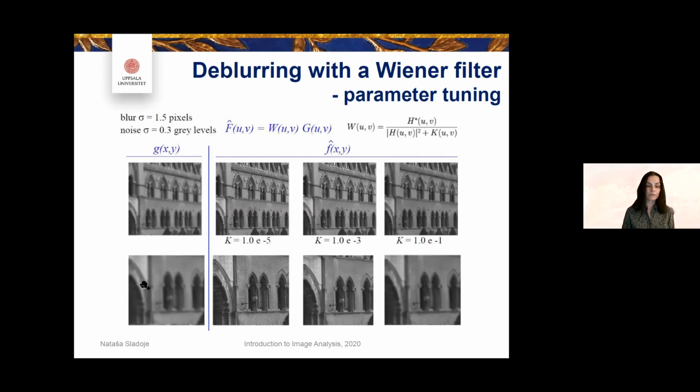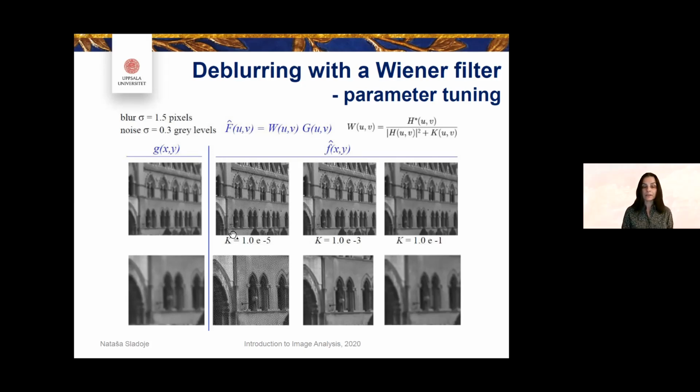We have a detail in this image just for a better visual assessment. This degradation includes a certain level of blur and a certain level of noise, and then we apply Wiener filter with 3 different values of k, from 10 to the power of -5, -3, and -1. So small, medium, and relatively bigger value of k.